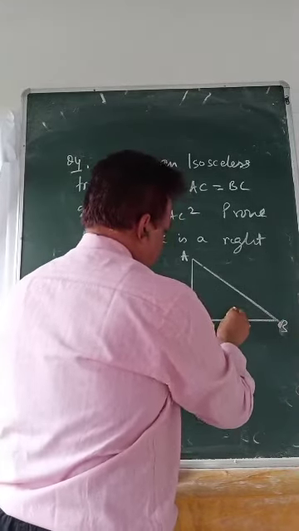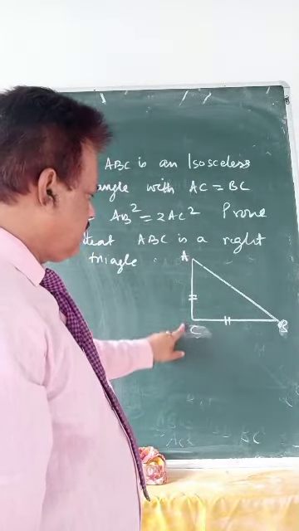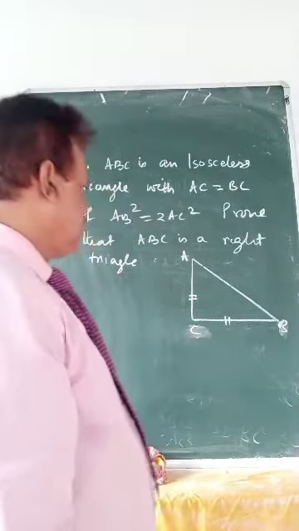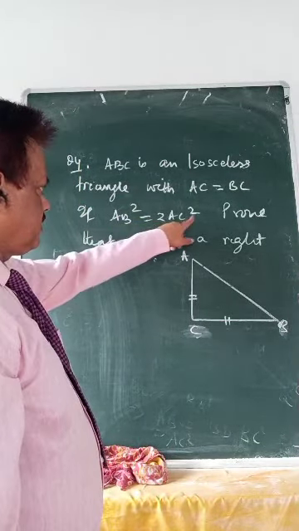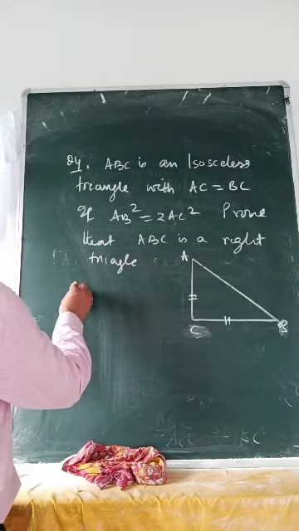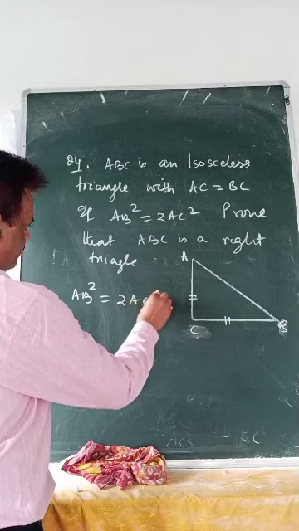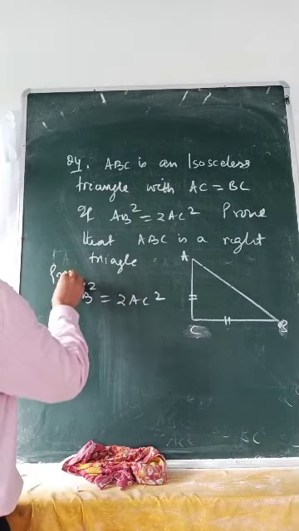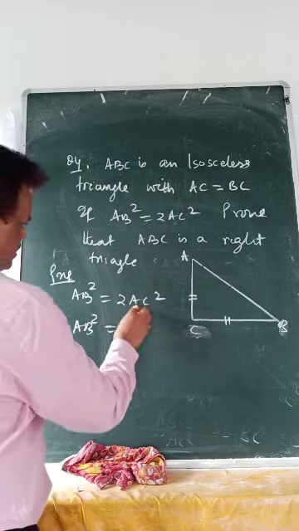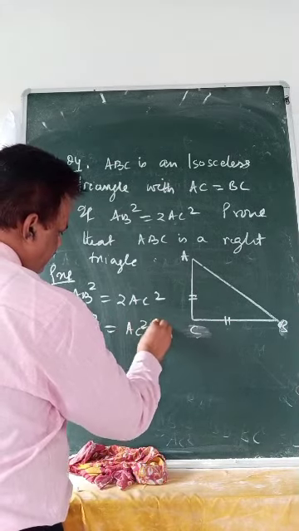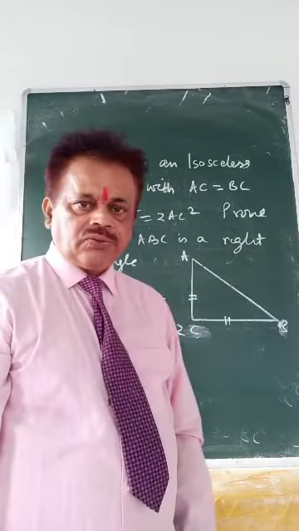These two are equal because hypotenuse cannot be equal. AC equals BC. So now look here, AB square is equal to 2AC square. Proof: AB square, 2AC square you can write as AC square plus AC square.